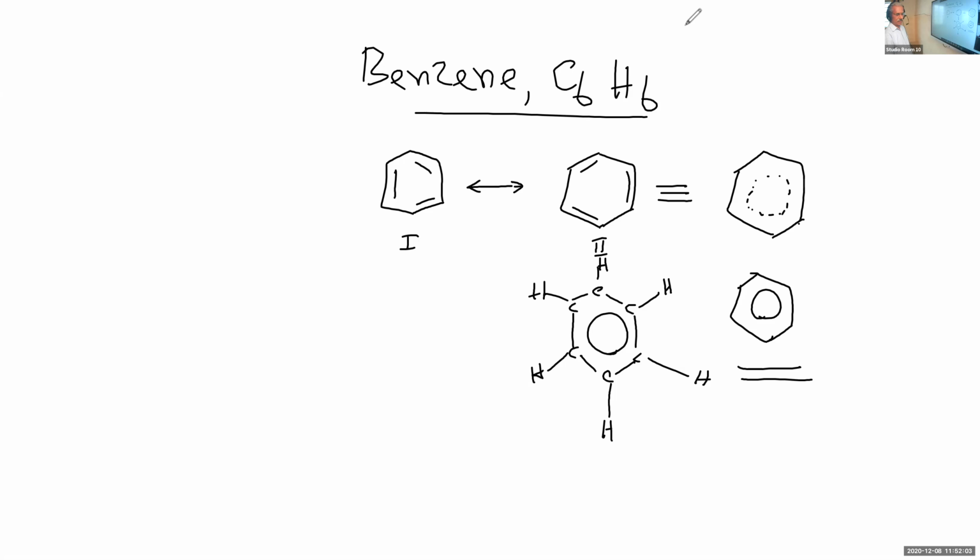Okay. Now let us think of the preparation of benzene. Now benzene can be isolated from coal tar. It can be isolated from the distillation of coal tar. What is coal tar?